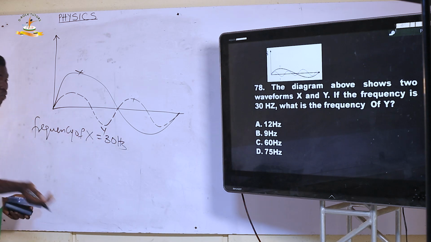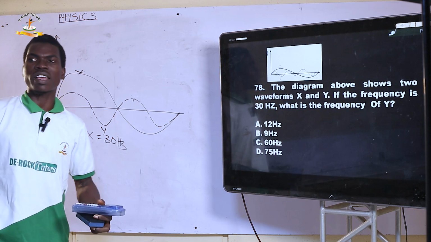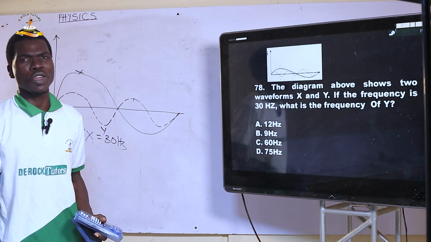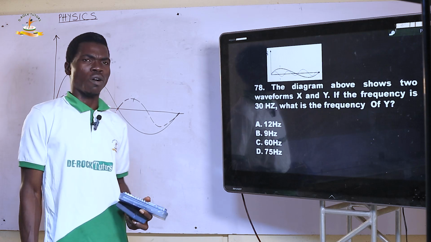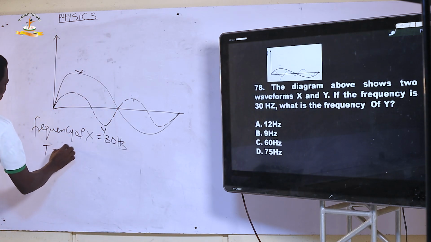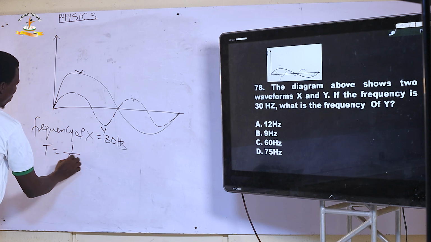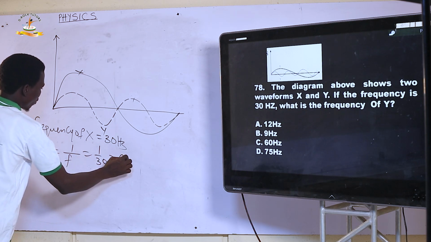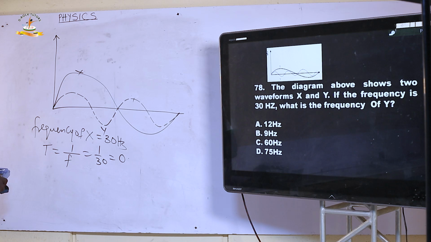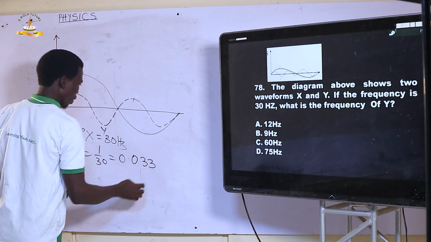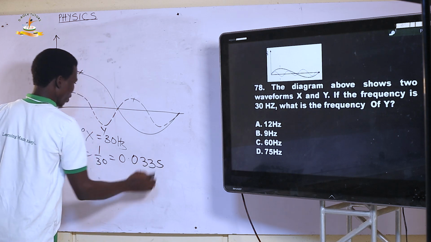And don't forget, by definition, frequency is the reciprocal of period. Definitely I can say T equals 1 over f, which is 1 over 30, and this is 0.033 seconds.